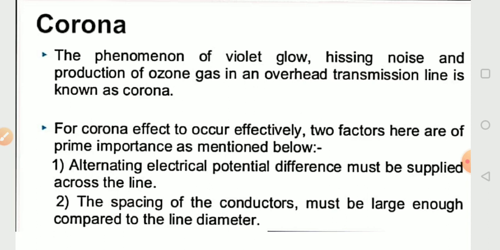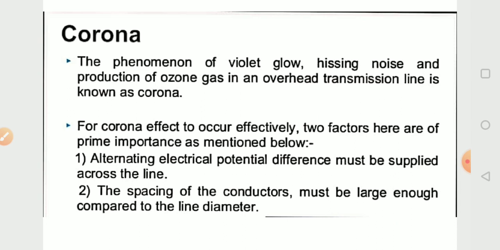If the intensity is high enough, a breakdown of the air occurs, and a violet glow appears along the transmission line, at the same time a hissing noise will be heard, and this is corona in electrical engineering. The phenomenon of violet glow, hissing noise and production of ozone gas in an overhead transmission line is known as corona.